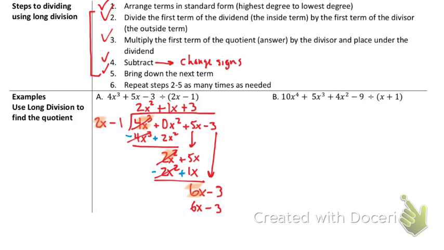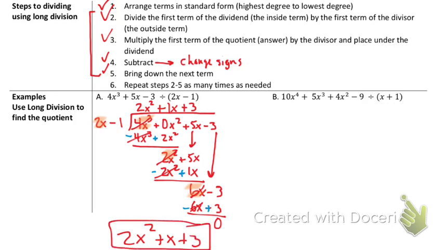The next step is we're going to switch signs. So it's negative, positive, and then subtract them, or do the math. This cancels. This turns into 0. And since we have a 0 here, we have no remainder. Therefore, 2x squared plus 1x, or x plus 3, is our final answer.